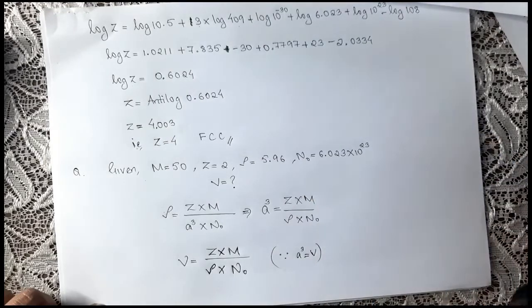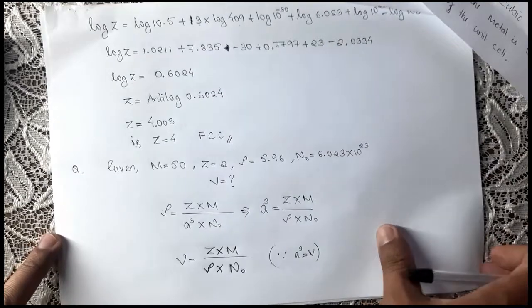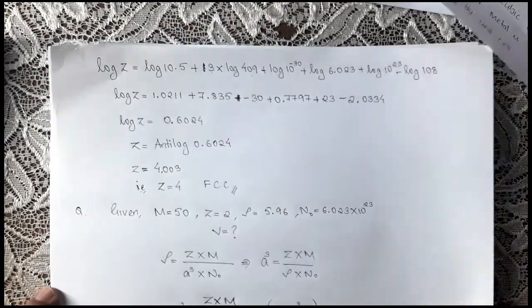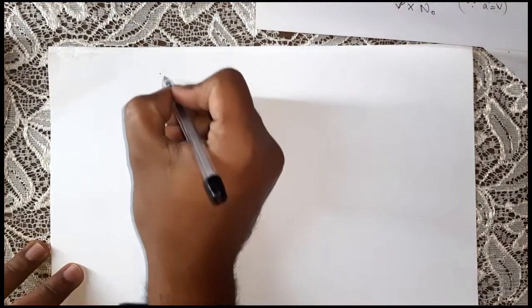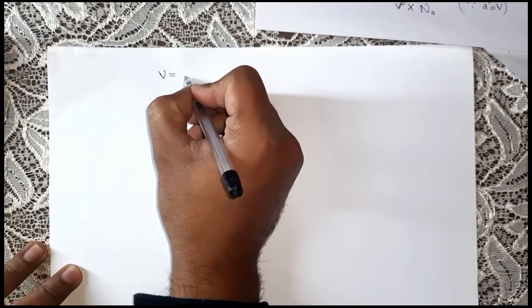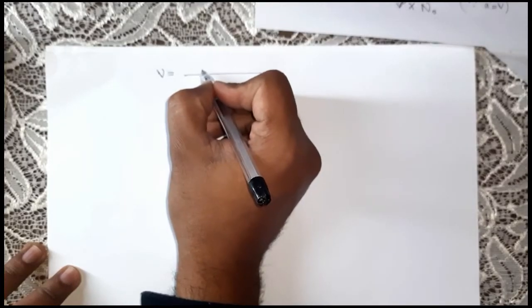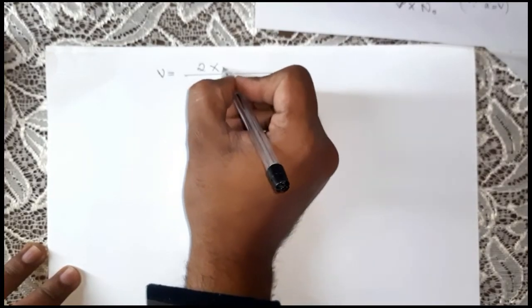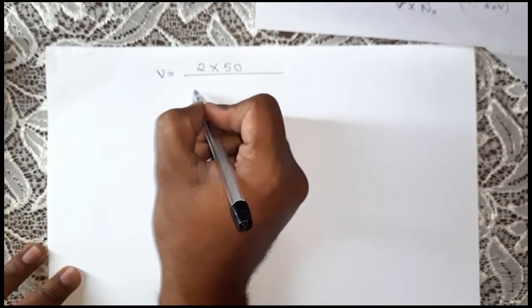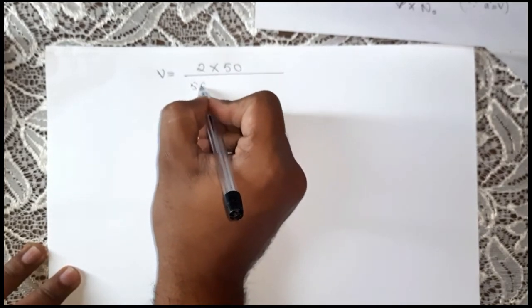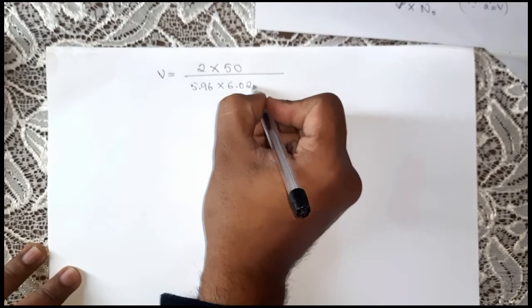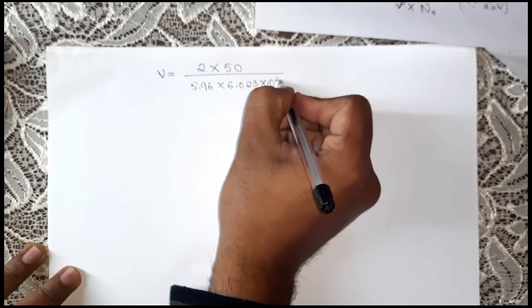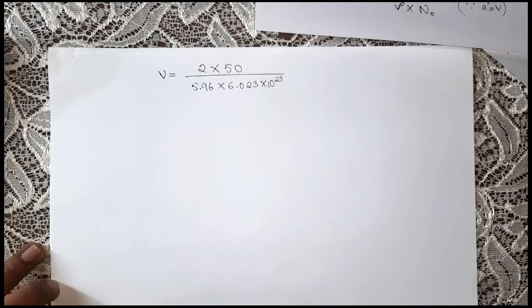So now we will write down the values. V is equal to 2 into 50, divided by density 5.96 into 6.023 into 10 to the power 23. So these will be our values.